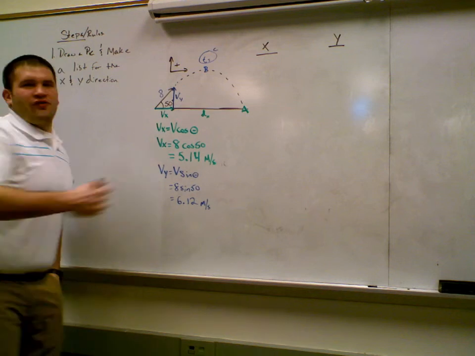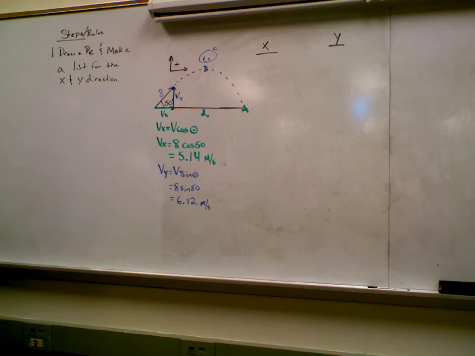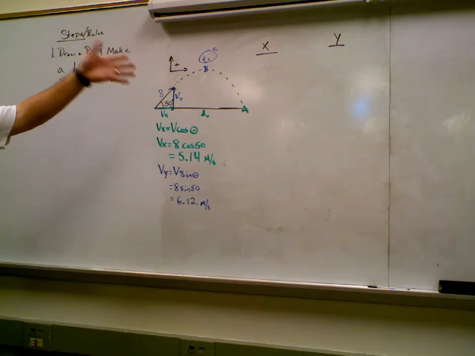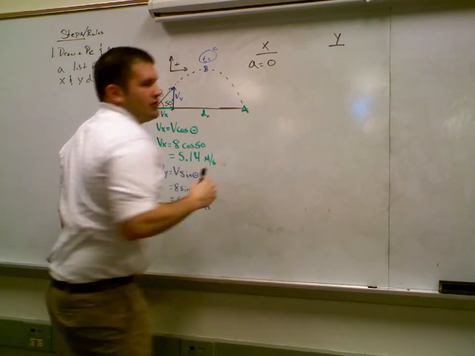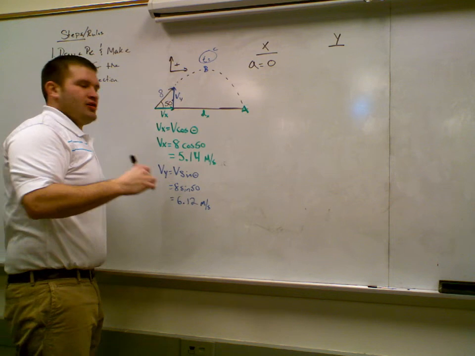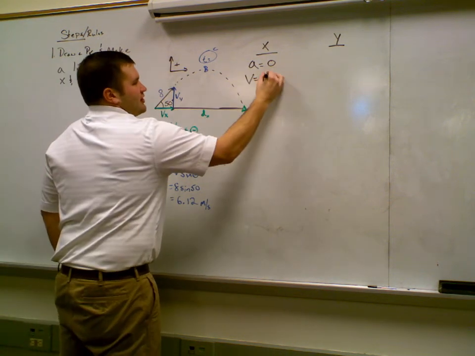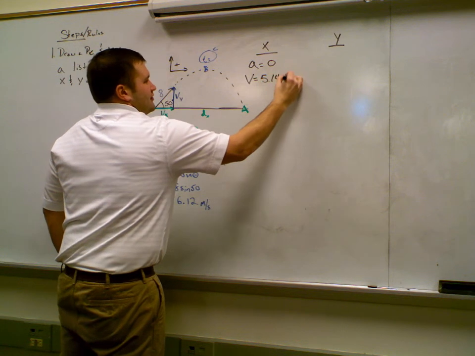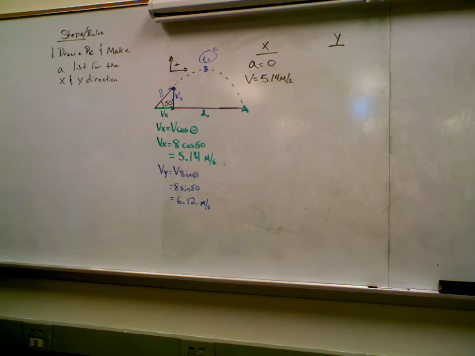So, is that initial, final, or what? Okay, it's the same thing, right? Because in the x direction, we know acceleration is 0. So that means that this right here, 5.14, is our velocity in the x direction.